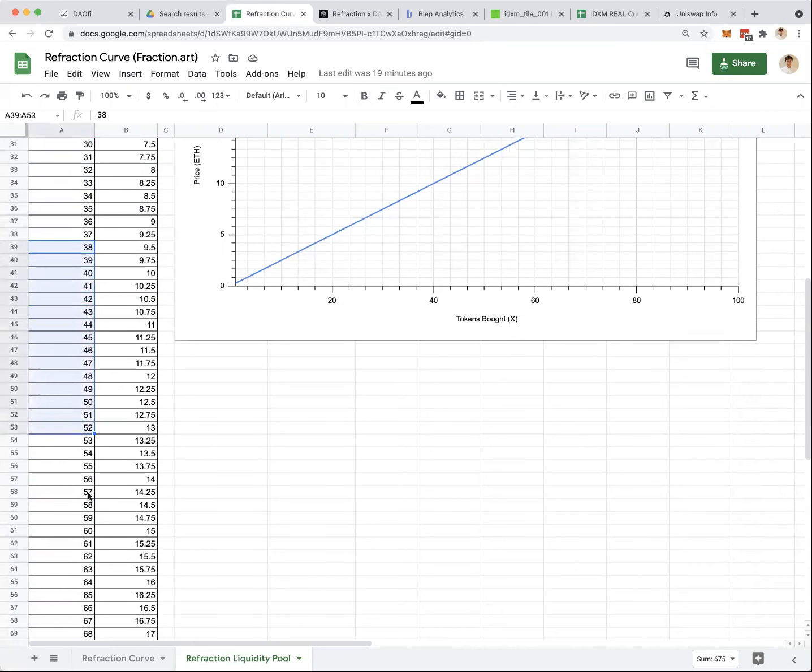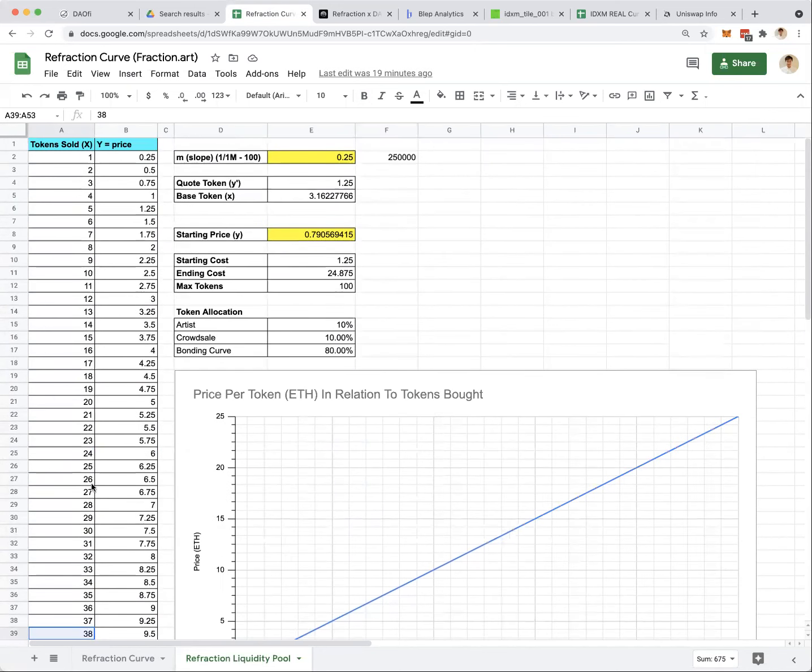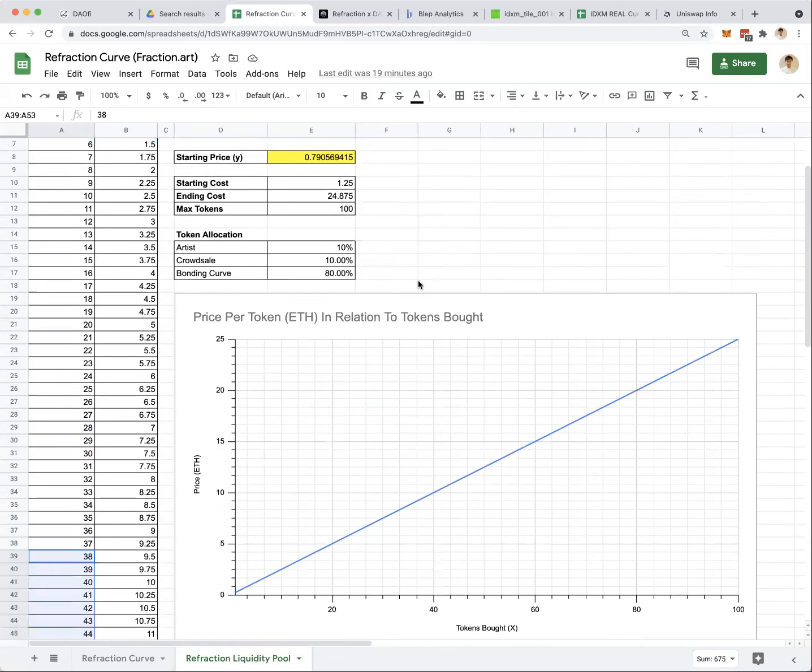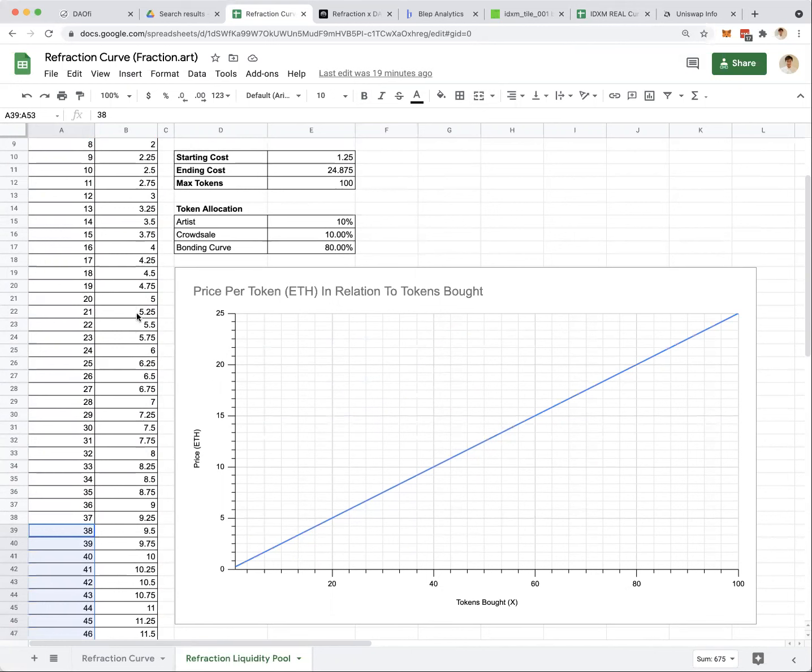And with Uniswap, you don't have any of that control. The only thing you can do is add more liquidity, and the more liquidity you add, the slower the price will appreciate, because it will require more trade volume to make that price appreciate. Whereas our price is not a function of volume at all. Uniswap's price function is based on the proportion of the amount you put in to the amount of reserve that's in the pool.